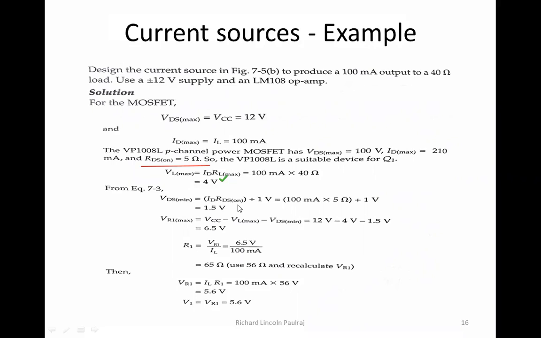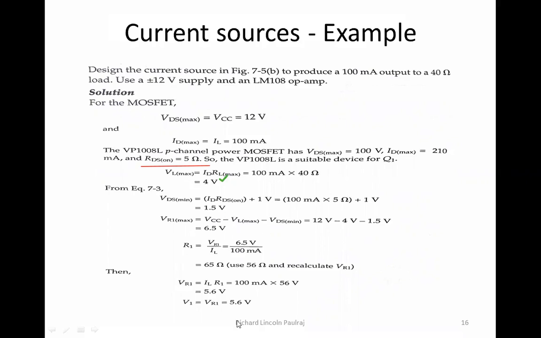So I am calculating the minimum voltage that can be between the drain and source of op-amp or transistor. So VDS is referring to the op-amp, or is it referring to the transistor or to the MOSFET? MOSFET, sir. Very good. It's referring to MOSFET.